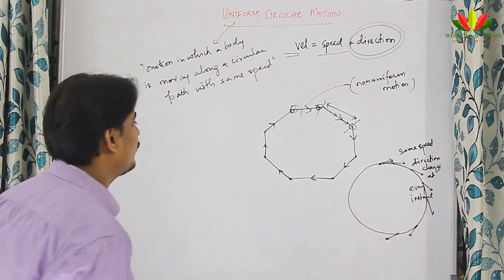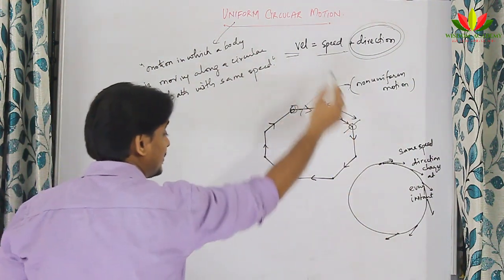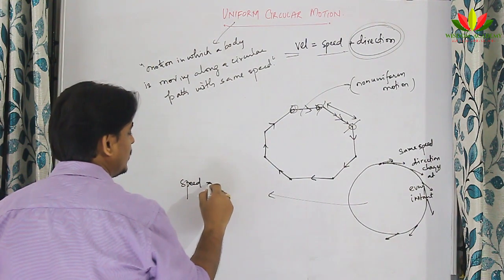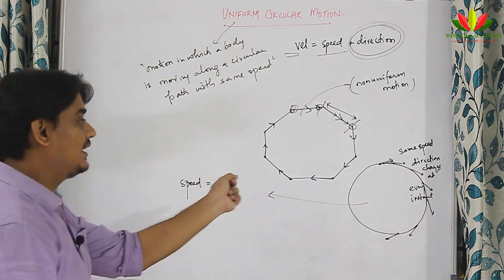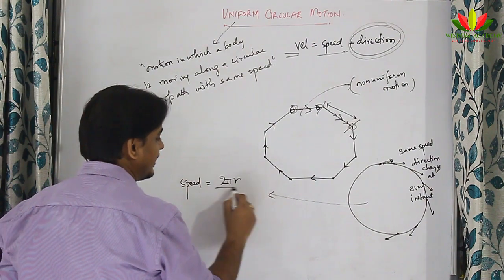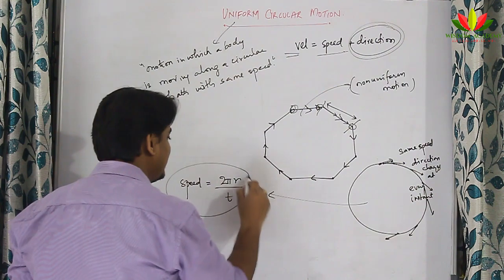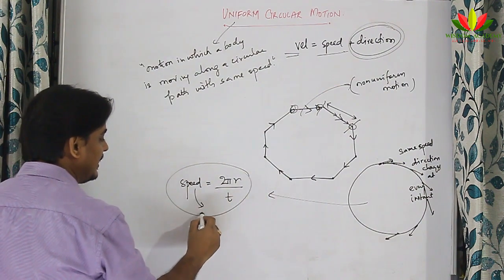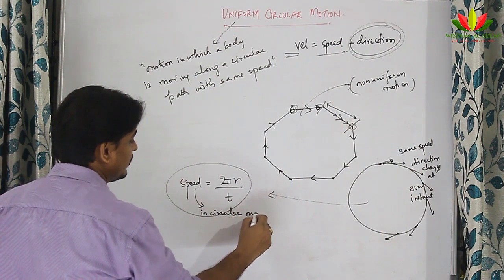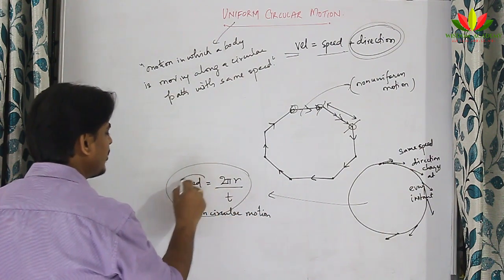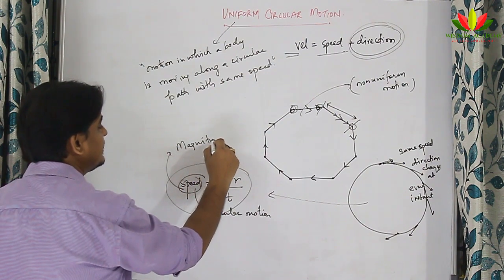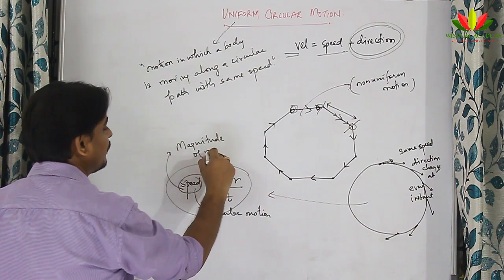One more thing, if you want to find the velocity, that is the speed of this motion, what will be the speed? The speed will be equal to the distance covered. Distance covered will be 2 pi r in one round, and time taken is t. So 2 pi r by t is the speed in circular motion. Sometimes speed is also called the magnitude of velocity.